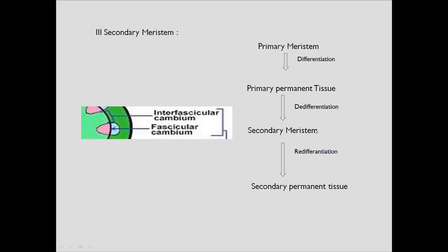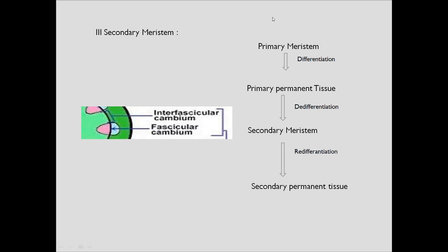Secondary meristem is re-differentiated to form a secondary permanent tissue, and it is responsible for the secondary growth of the plant. A good example of secondary meristem is the interfascicular cambium. The primary meristem contains the intrafascicular cambium, which is present in between the xylem and phloem, but in secondary meristem there is an interfascicular cambium.